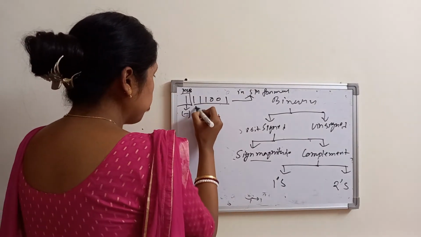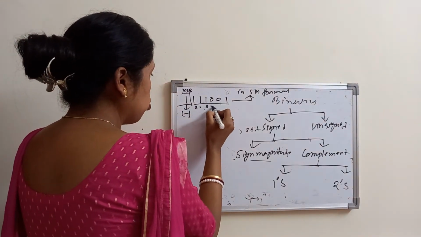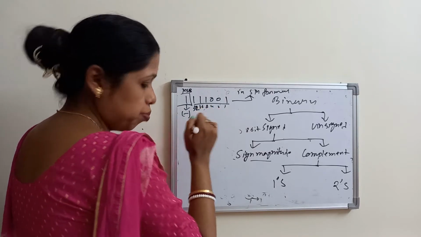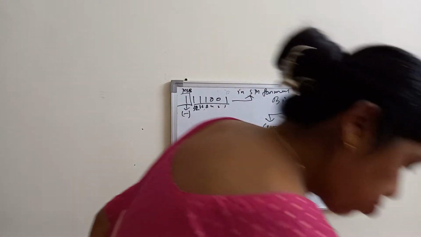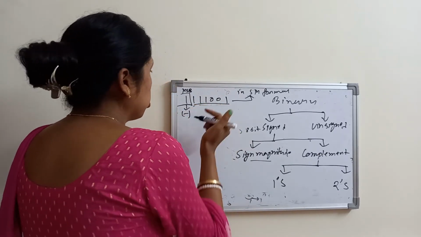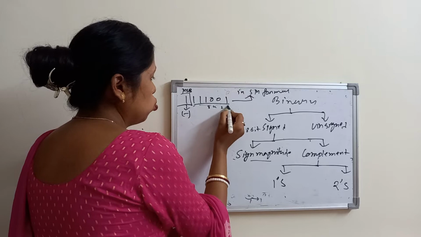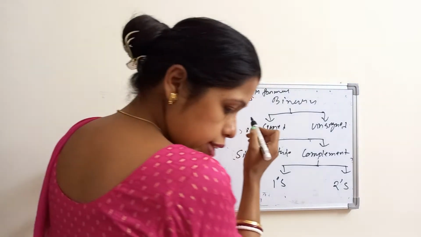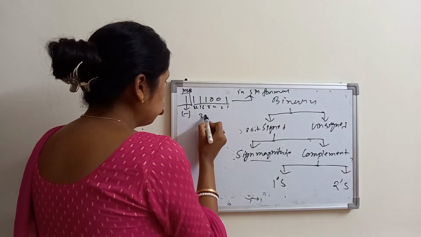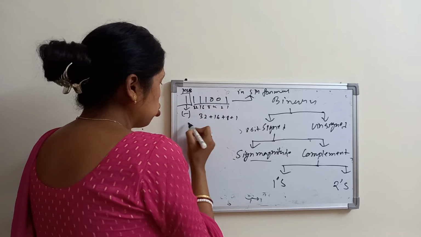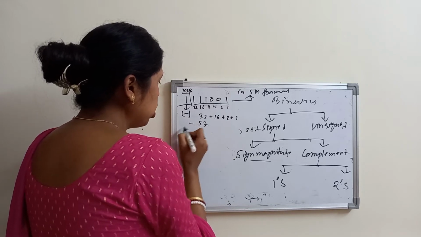Again here I am writing 32 16 8 4 2 1. So the answer will be, I think, 32 plus 16 plus 8 plus 1, which is, I think, minus 57.